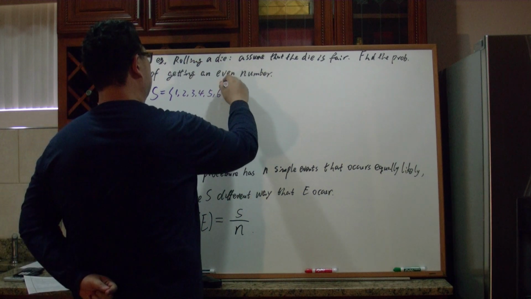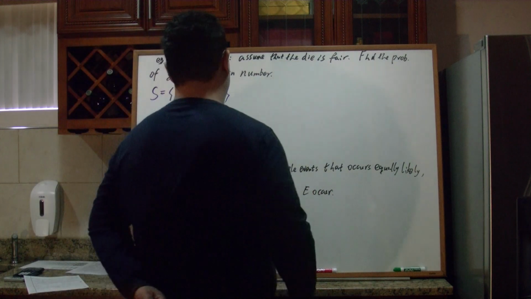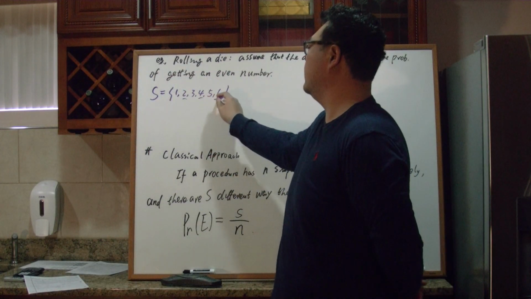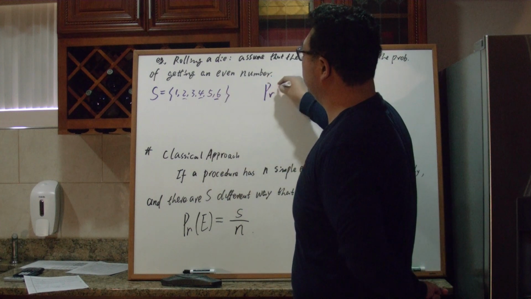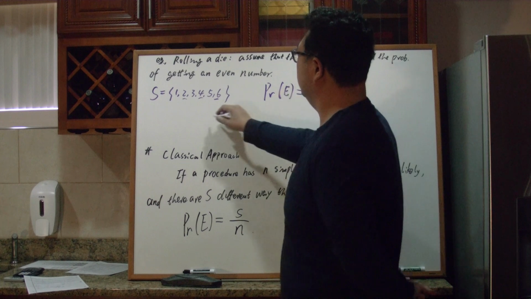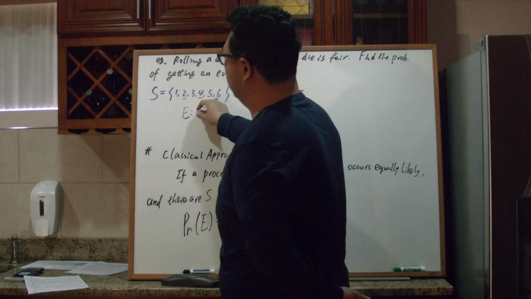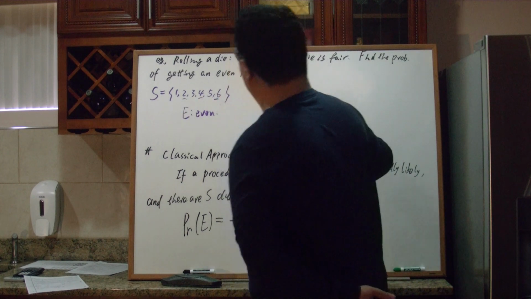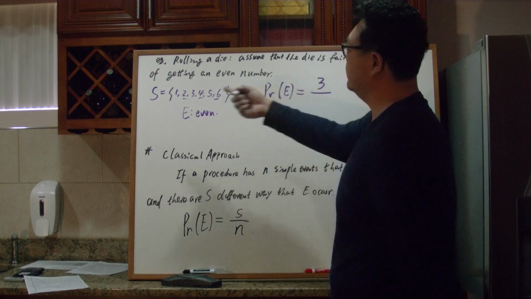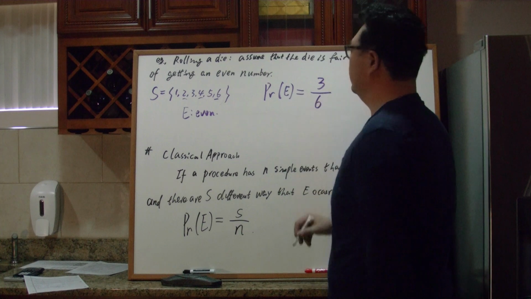That's our sample space. And for the die to be even, that's 2 or 4 or 6. So the probability of the event E, if we denote the event as E for landing even, we get 3 even numbers out of a total of 6 outcomes.